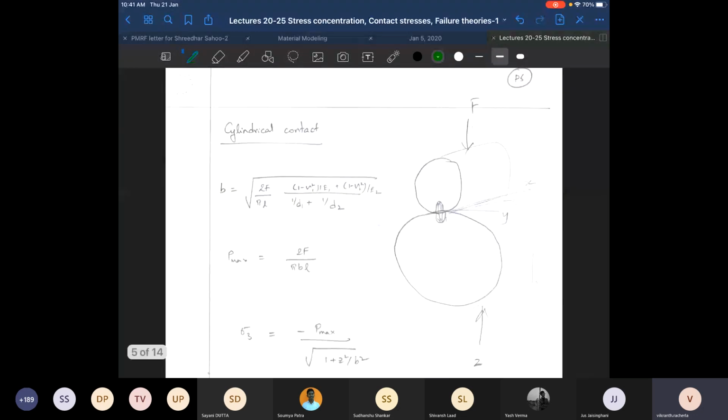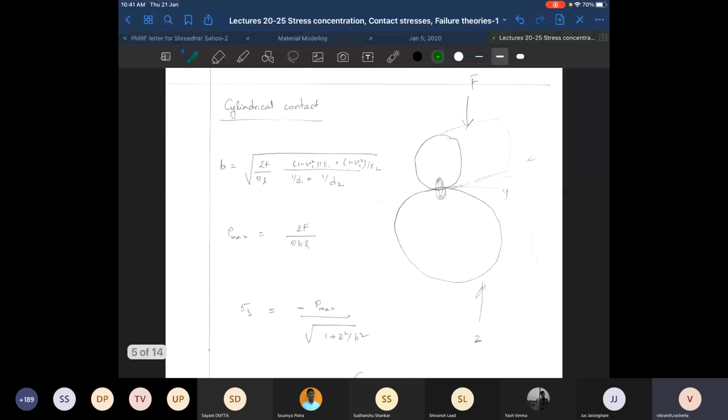Now there are also similar expressions for cylindrical contact. In the cylindrical contact, what will be the contact patch shape? Rectangular. Line. Rectangular.